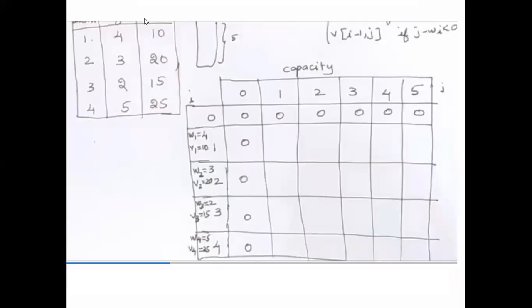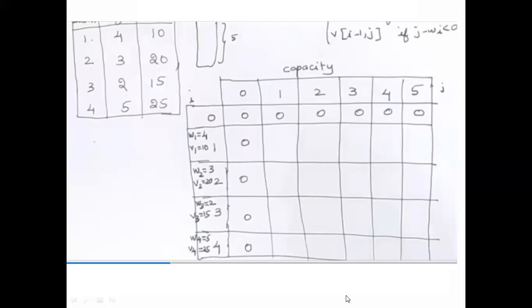Now that I have filled the first row and column with 0, you have to assign the item weight and value to the particular rows.